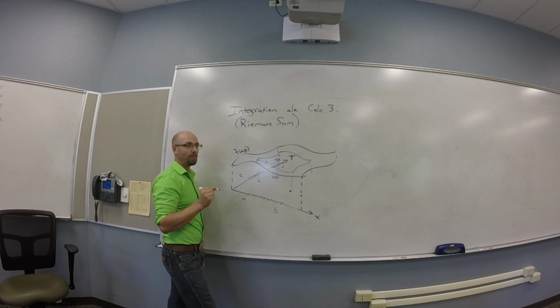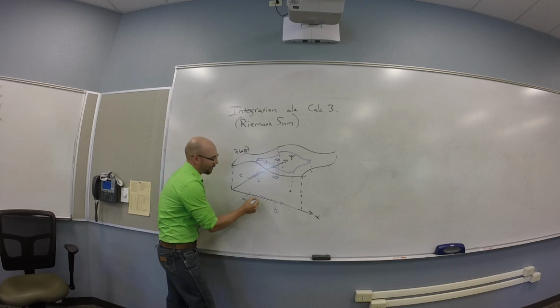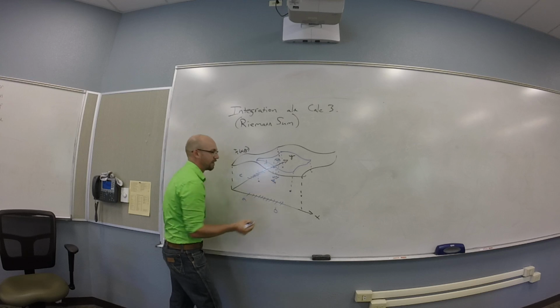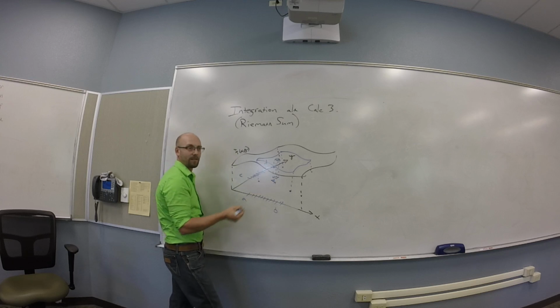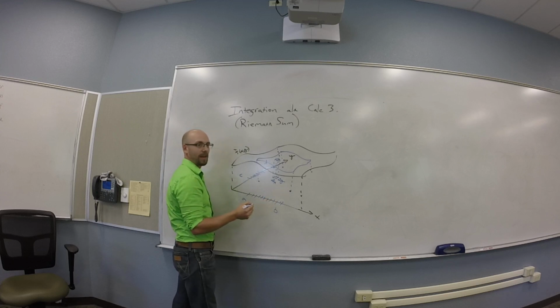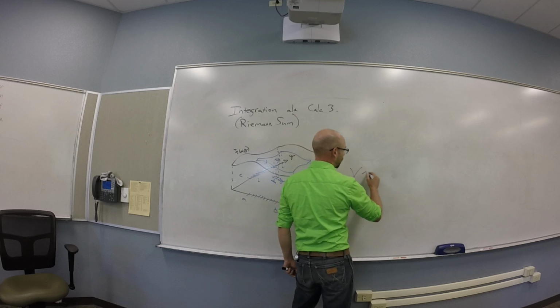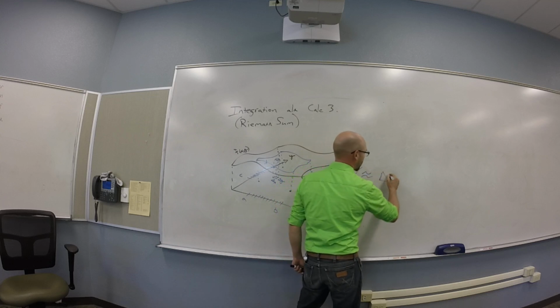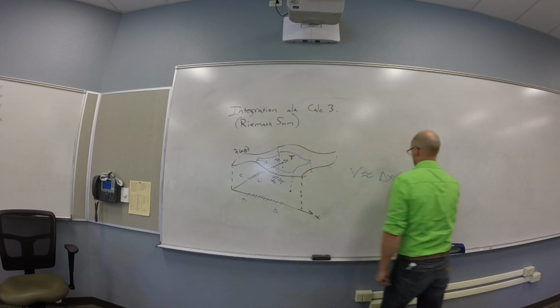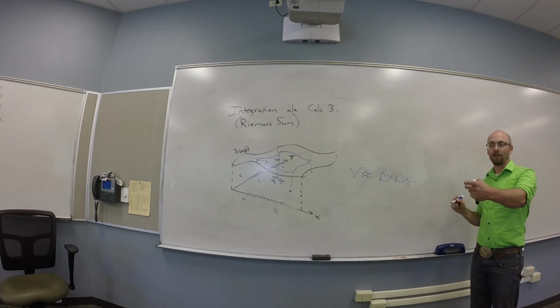You guys see this? But basically that's a little rectangular prism, right? And so it's going to be naturally delta x in this direction, delta y in the other direction, and so I'm going to say my volume is more or less delta x, delta y, and the height can change depending on which.